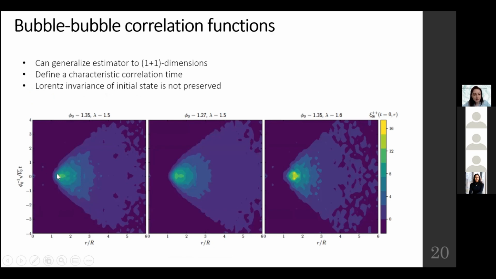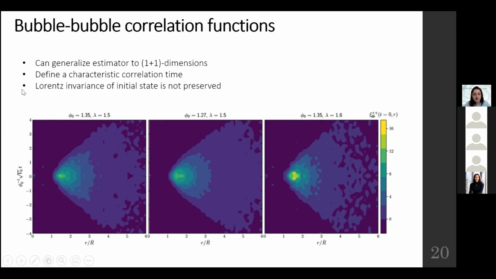Once again, the correlation length persists to a few times the critical bubble size, but we also have a correlation time, which is of roughly the same order.